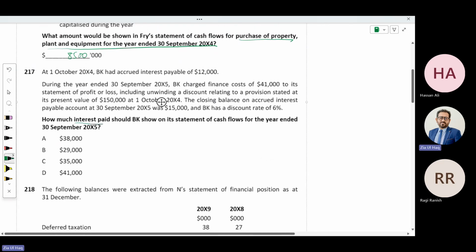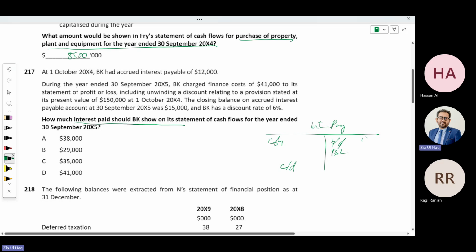How much interest paid do we need to record in the cash flow? On 1st October 20X4, start of the year, had accrued interest payable. Interest payable: brought down, carried down, P&L figure, cash.